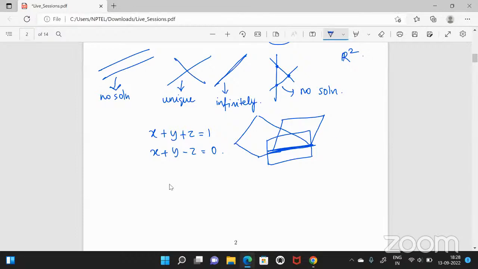Here we had 3 variables and 2 equations, so it was a line. So what will it be there? It will intersect in a plane, right? Yes. And if the number of equations is 3, then you will get a line.